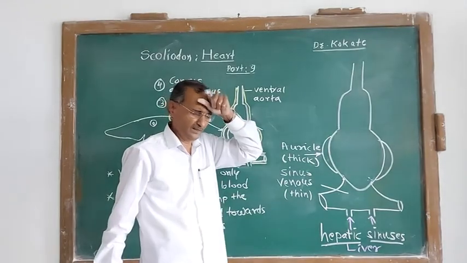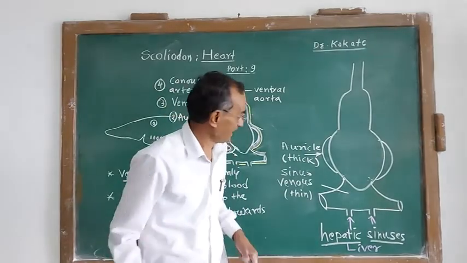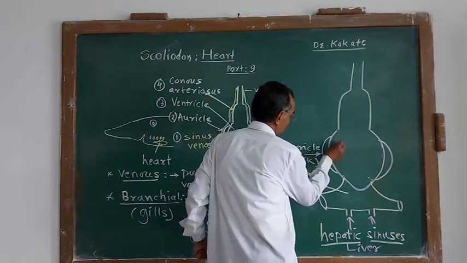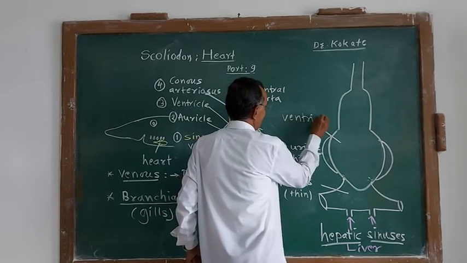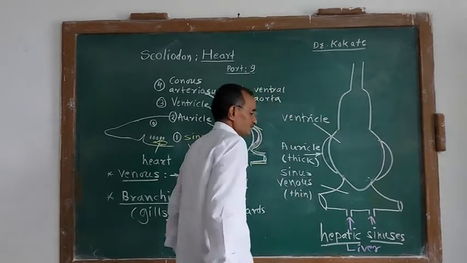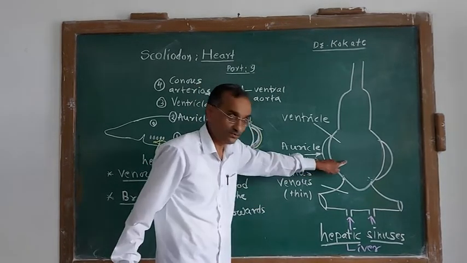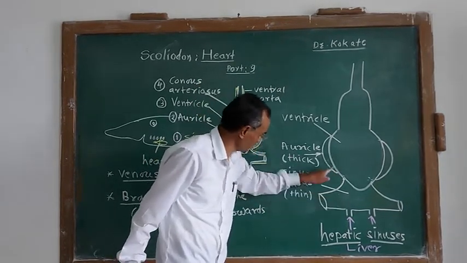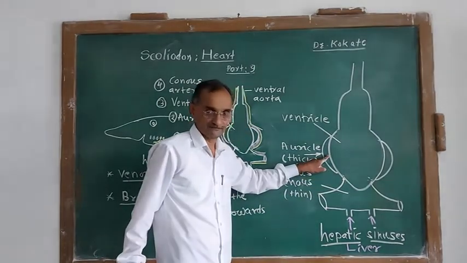Now may I ask you a question: what is that opening called? The auricle opens into this compartment which is called the ventricle. As the sinus venosus opens into the auricle, that opening we have called the sino-auricular opening.